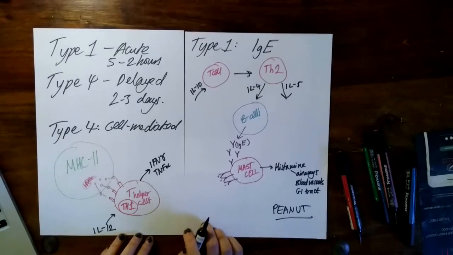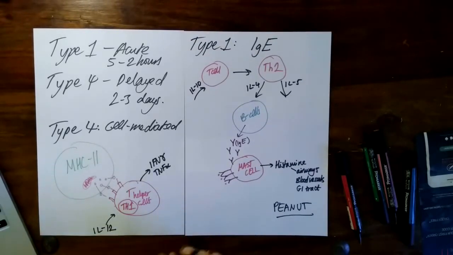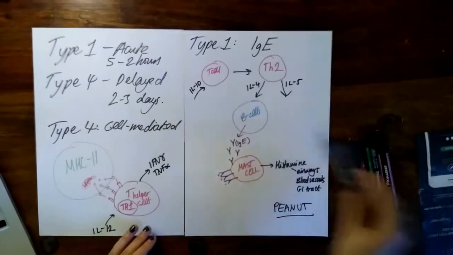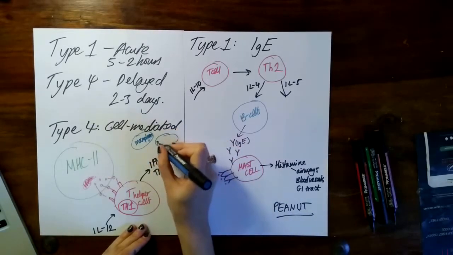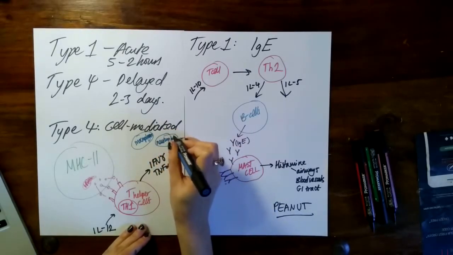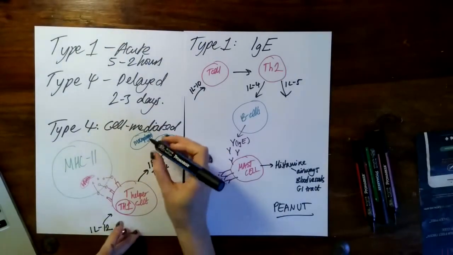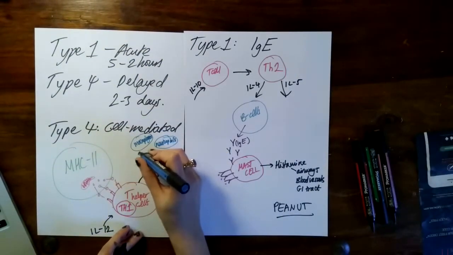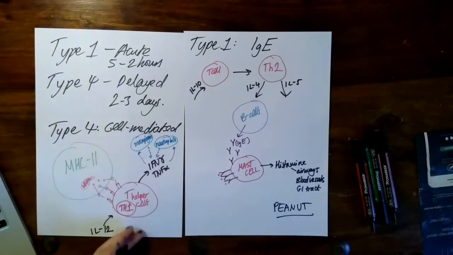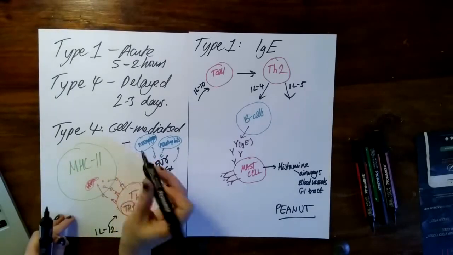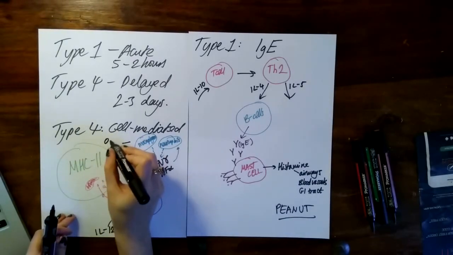These are pro-inflammatory molecules that recruit immune cells such as macrophages and neutrophils to the site of allergen exposure to aid clearance. And this results in symptoms such as edema, i.e. swelling.